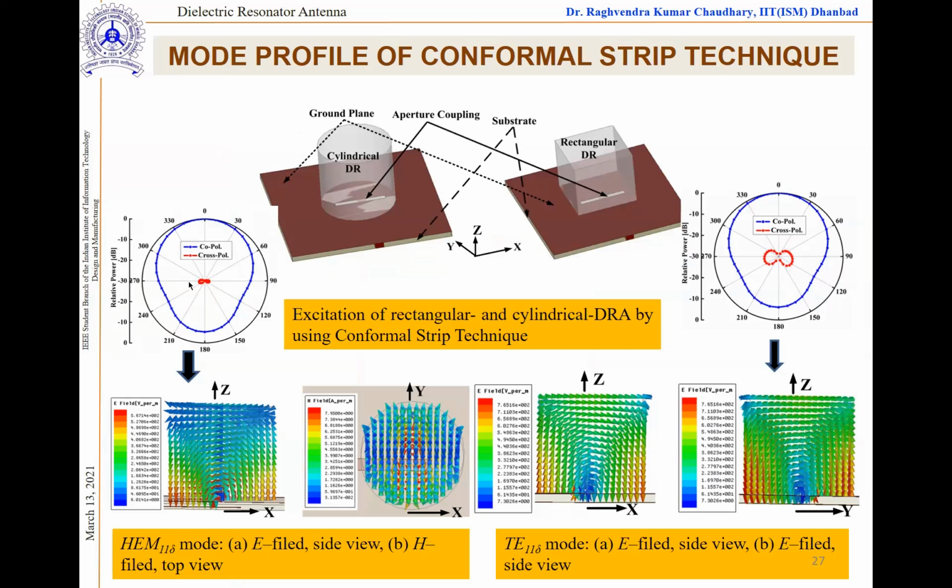So if you get a challenge to design an antenna where the cross polar component should be very low, I definitely recommend the slot excitation. A similar kind of mode you can get if you excite like this, so you will get the HE11 delta mode once again.